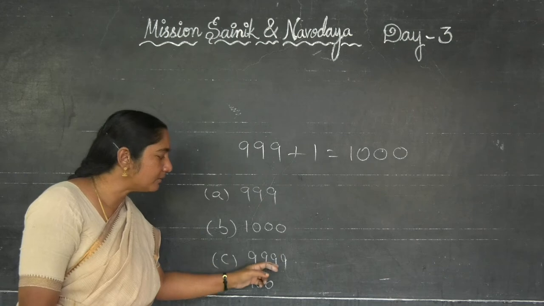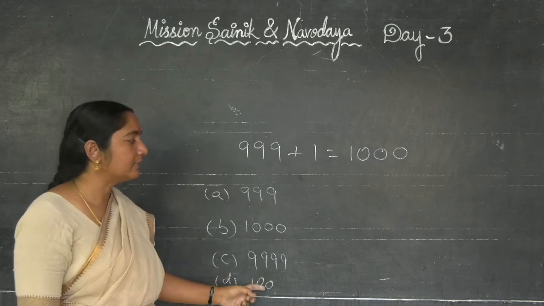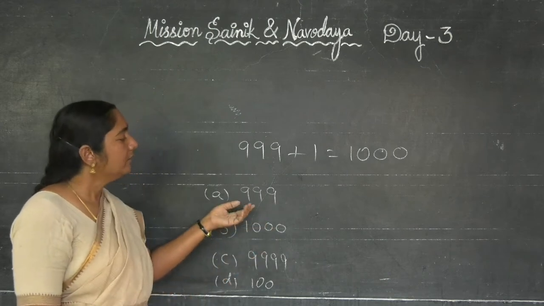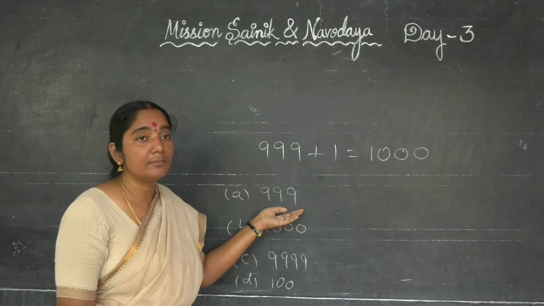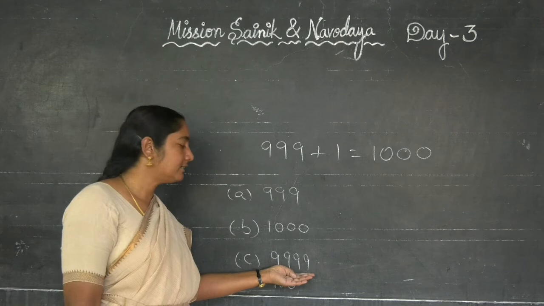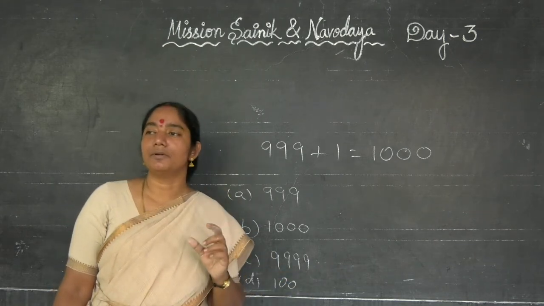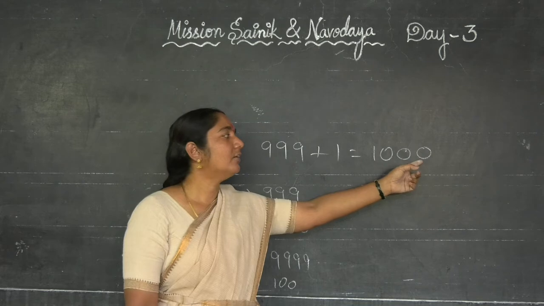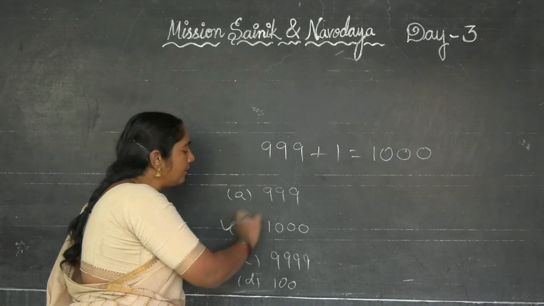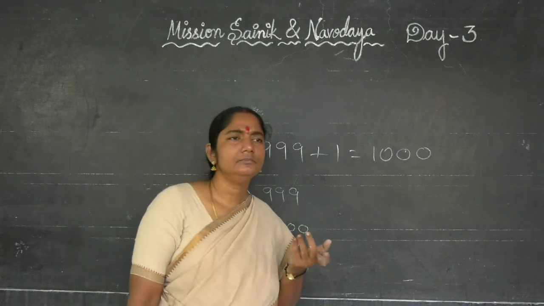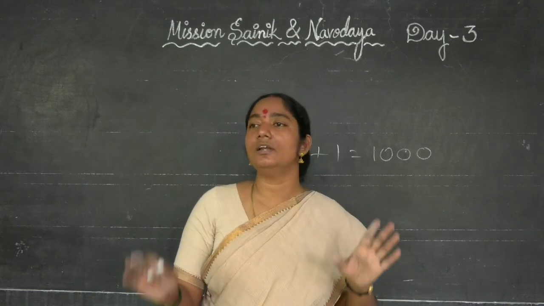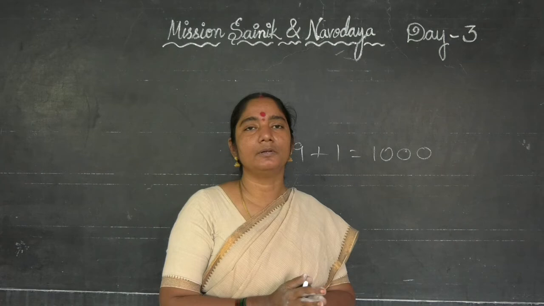Now you have to select the option. The options are given in the form of statements, in word form. 1000 is nothing but the 4-digit smallest number, so B will be the option. It's a simple thing that you can very easily do. You can read, understand and solve this problem very comfortably.